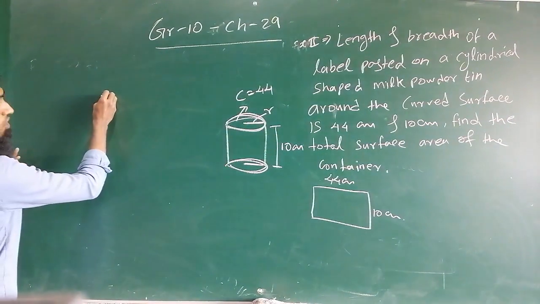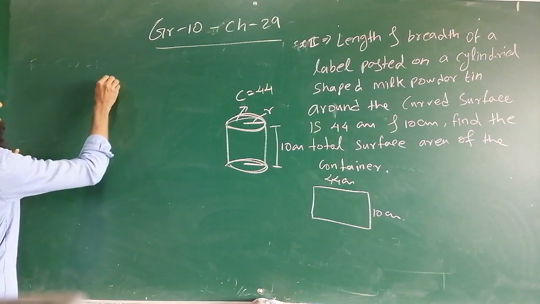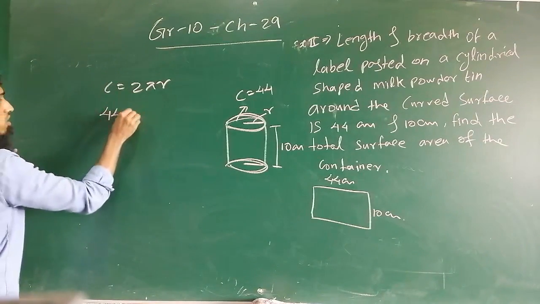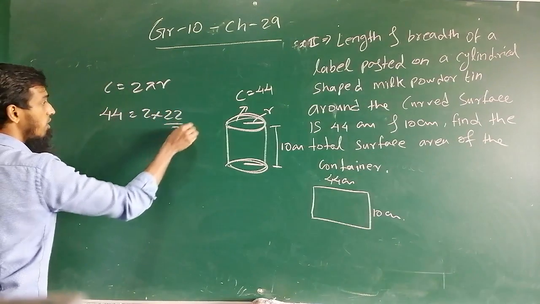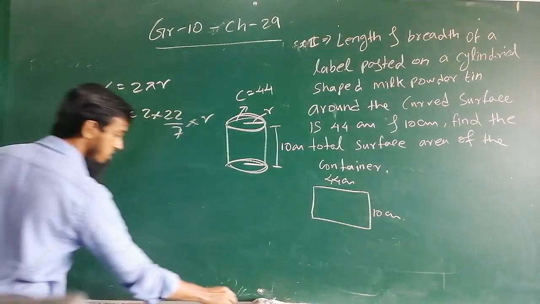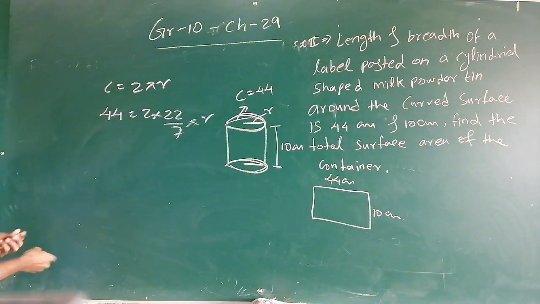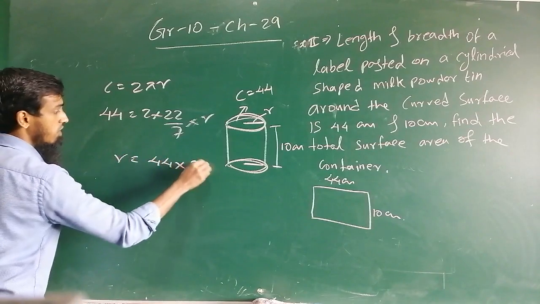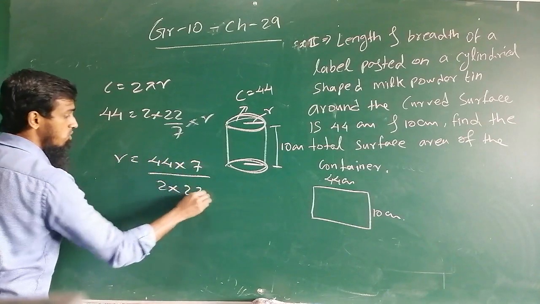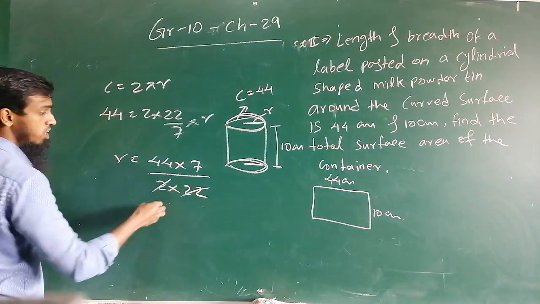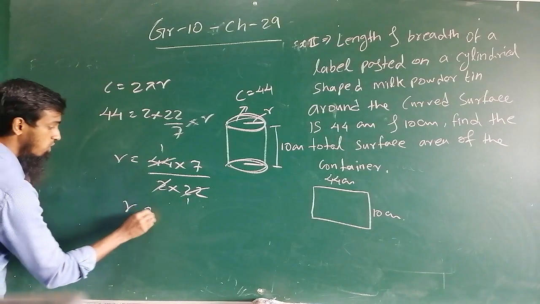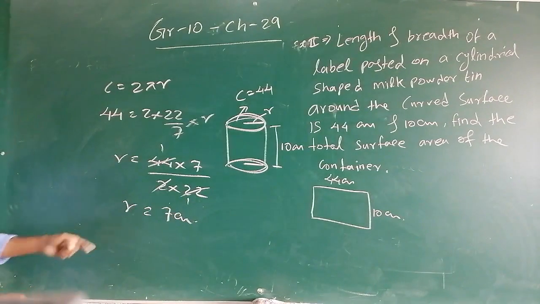So we go for C equal to 2 pi r. C we know is 44. So 2 into 22 over 7 into radius. We need to find the radius. Making r the subject, 44 into 7 over 2 into 22. 2 into 22 is 44, so we can cut off 44. So r equals 7 centimeter. Now we have the radius.